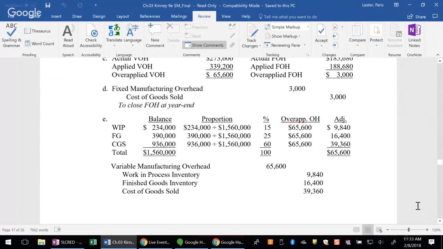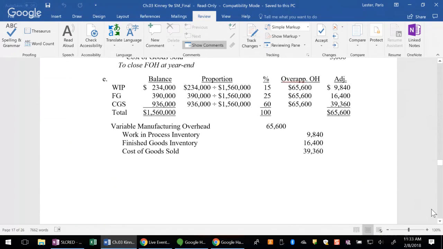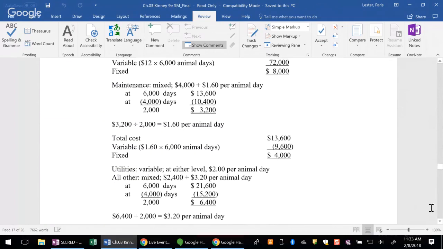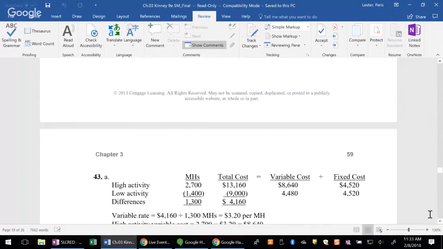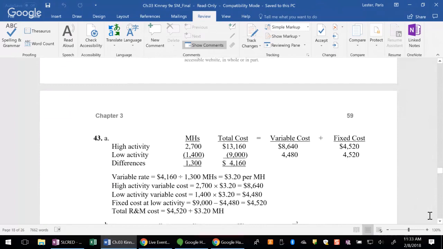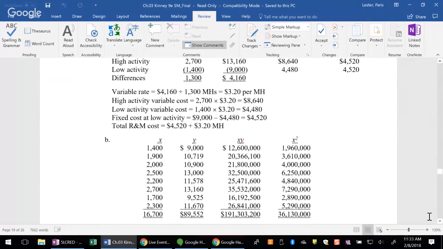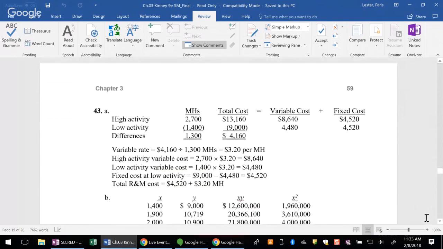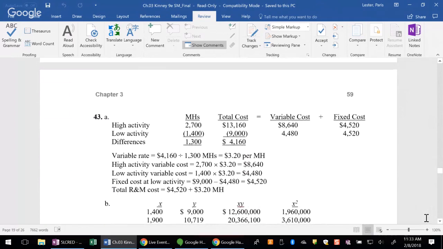Let's see what problem. I took up some problems the other day. Okay, 41. Any questions? All right, 43. The high-low method. Now, there's no need to spend a lot of time on number 43. You find the high cost and the low cost.